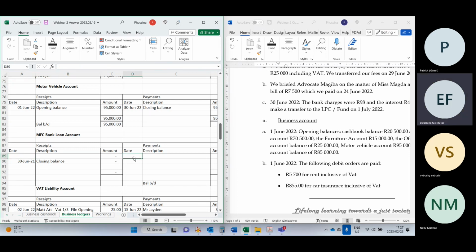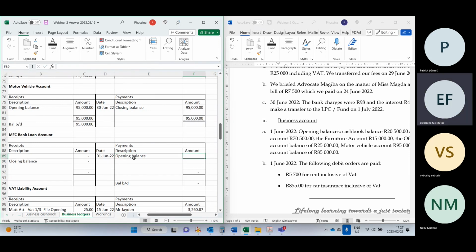Our bank loan account should always have a credit. It's our creditor, we owe them money. So its opening balance would be on the credit side, which is 85,000. Okay, so these are the opening balances that we are given.